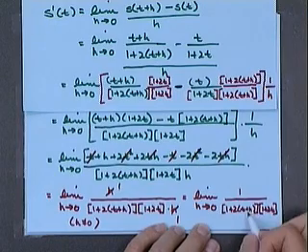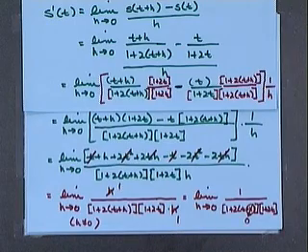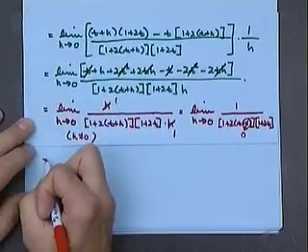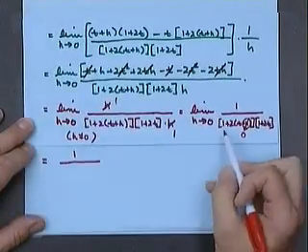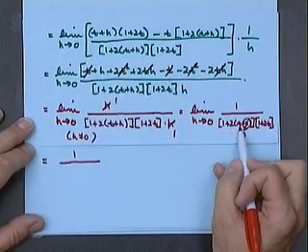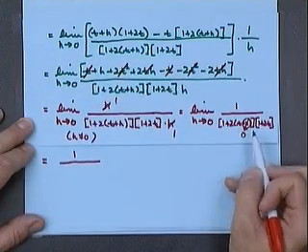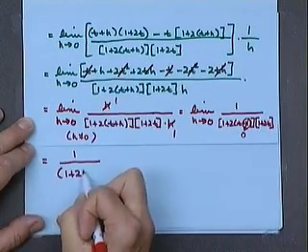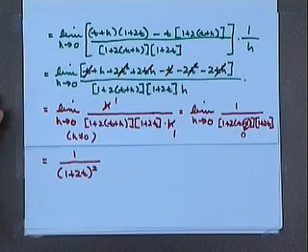If h disappears, goes to 0, then that just becomes, instead of twice T plus h, twice T, right? So the 1 doesn't change. Down here now we have 1 plus 2T, because the h disappeared, and another 1 plus 2T. So we have 1 plus 2T, the quantity squared.